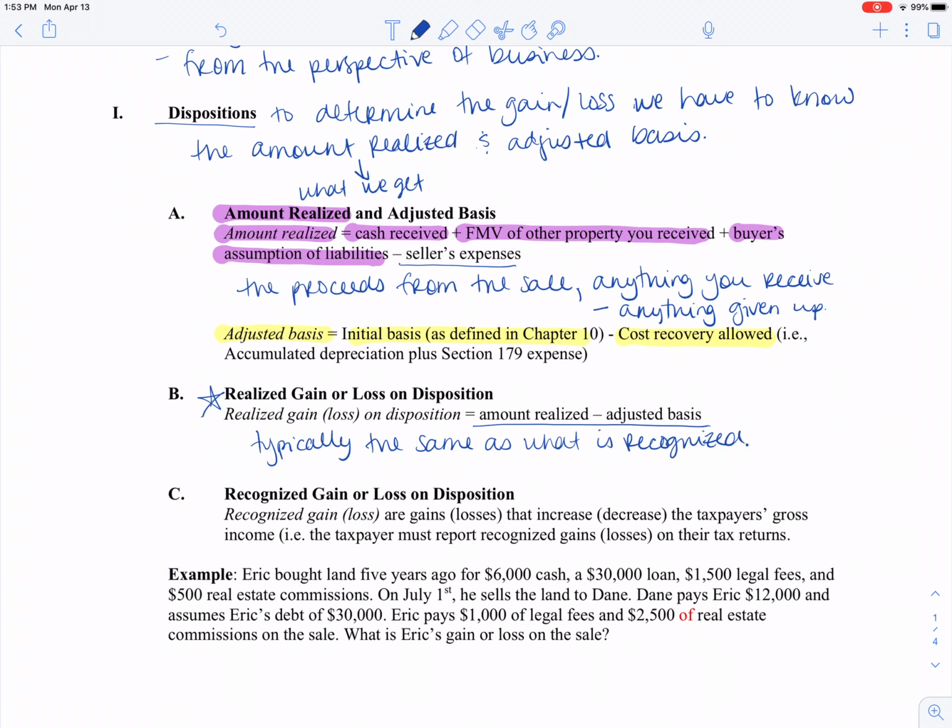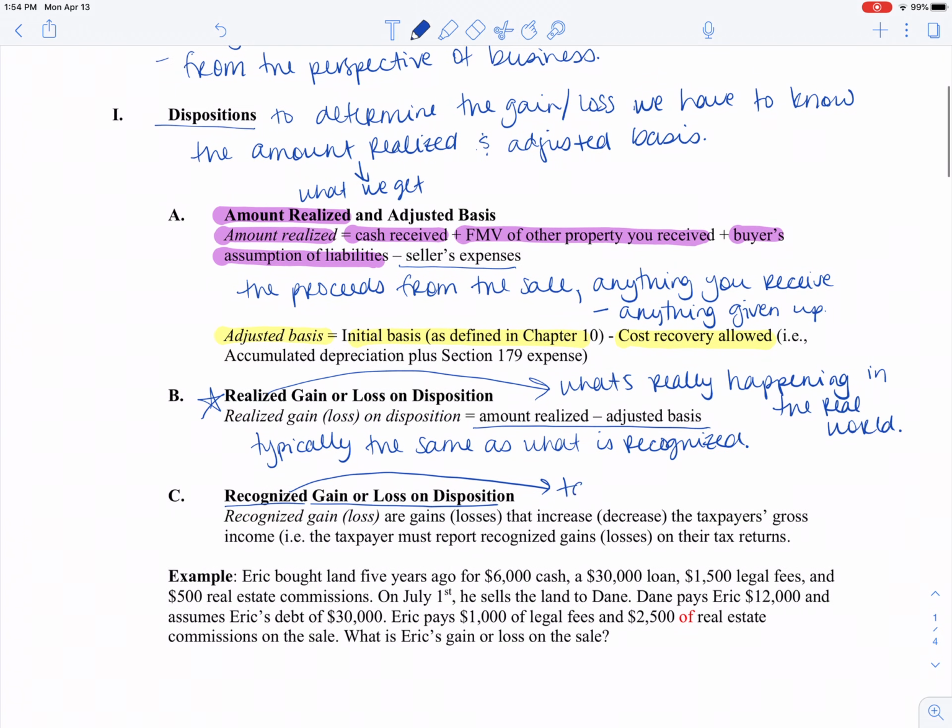When I was learning about this, I remember my professor saying that realized gain or loss is what's really happening in the real world. And the recognized gain or loss is what we have to consider for tax purposes. So recognized means the tax implications.